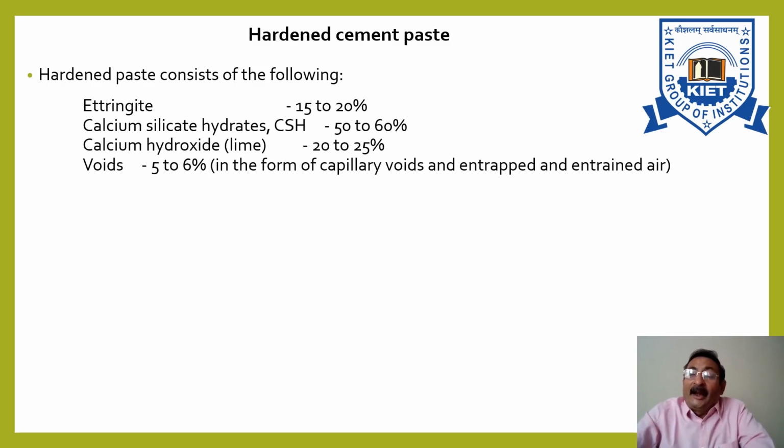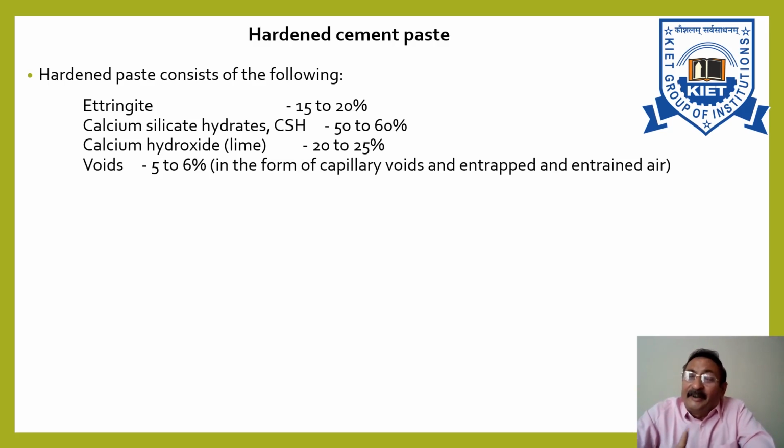This hydrated aluminate does not contribute anything to the strength of the paste. On the other hand, its presence is harmful for the durability of concrete, especially where it can be attacked by sulfates, which I had discussed.